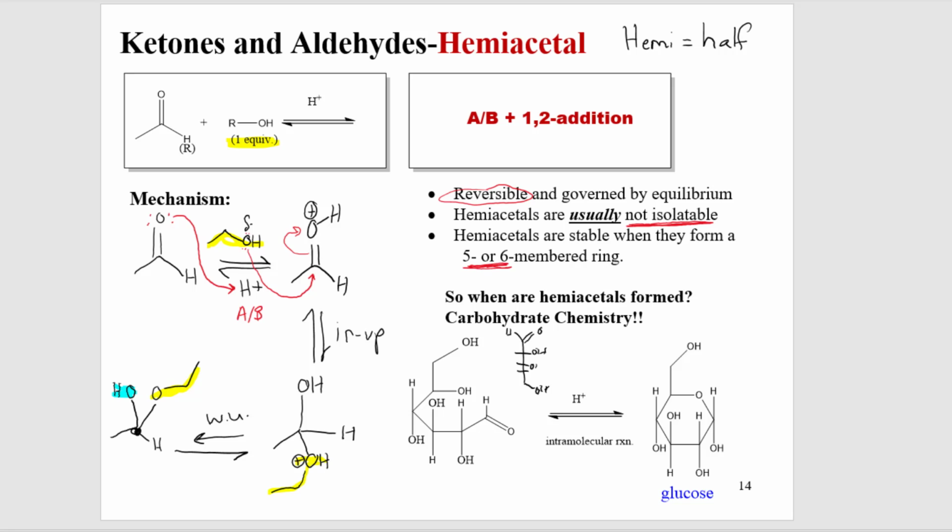We've drawn Fischer projections of carbohydrates. These are the open chain configurations. They are in equilibrium with their closed chain form, okay, in equilibrium.